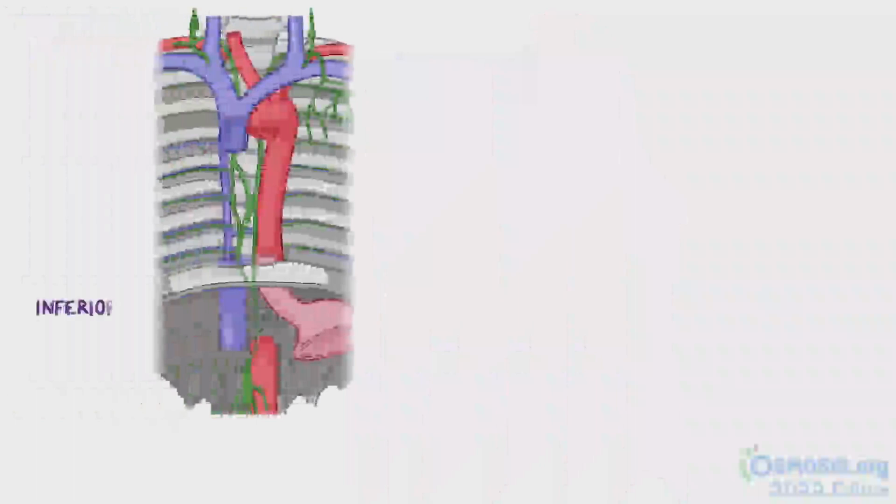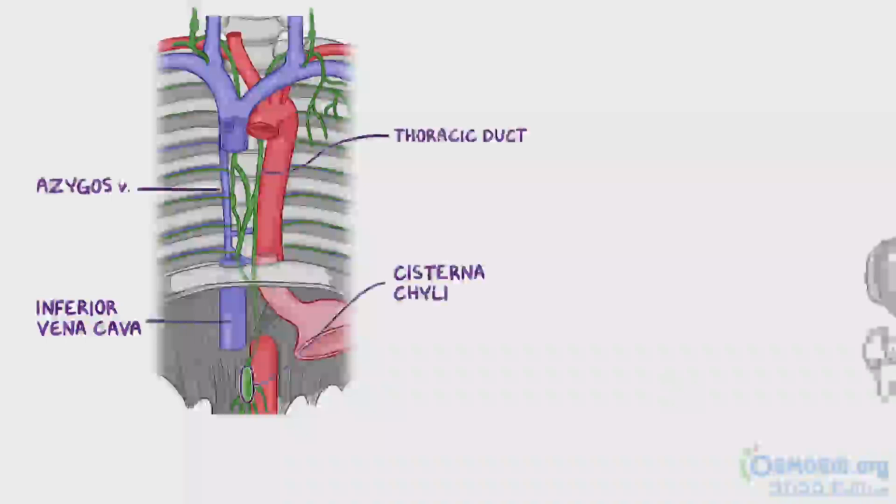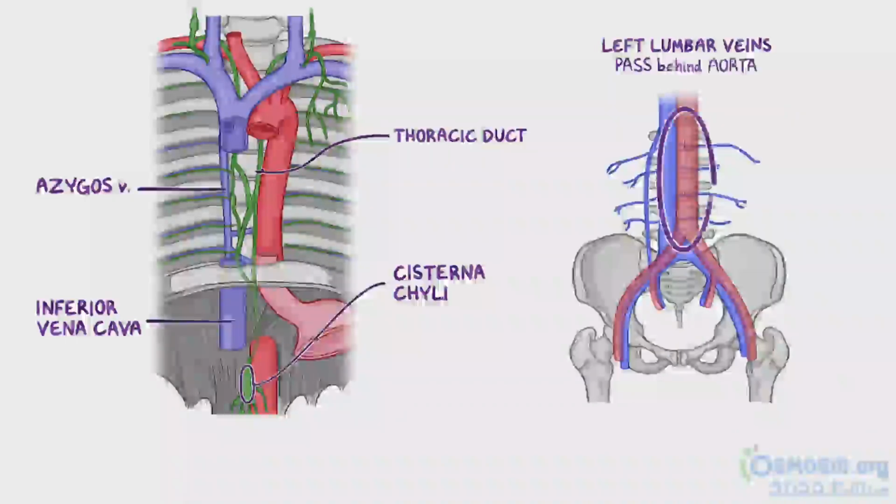Structures to the right of the abdominal aorta include the inferior vena cava, azygous vein, cisterna chyli, and the thoracic duct. Posteriorly, the left lumbar veins pass behind the aorta to reach the inferior vena cava.